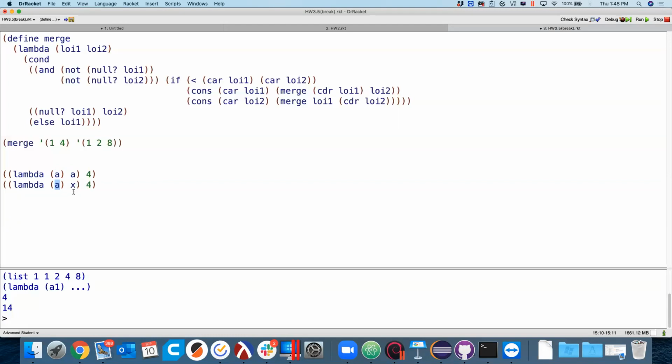A never occurs in this lambda, right? It's bound, but I never use that variable. In Eclipse, that's a little squiggly. It says you defined a variable, never used it. So I can have bindings that never get used. Now, most languages, if I have a variable that gets used that doesn't have a binding, what does it tell me? You're trying to use a variable you never defined.